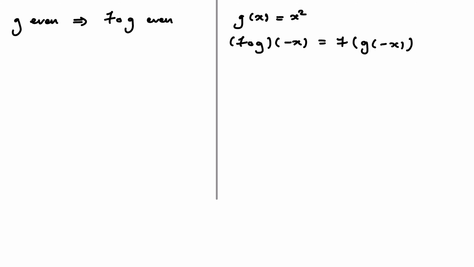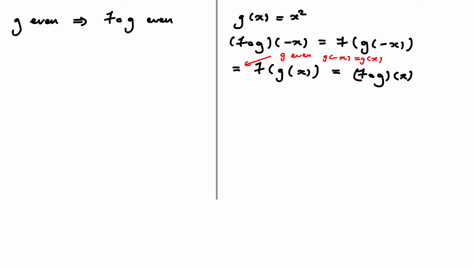But now g is even. So g of minus x is equal to g of x. That's the meaning of being even, remember. So this is f of g of x. But now this is just what? By definition, this is the composite function evaluated at x. So I've just checked that minus x and x give the same output.